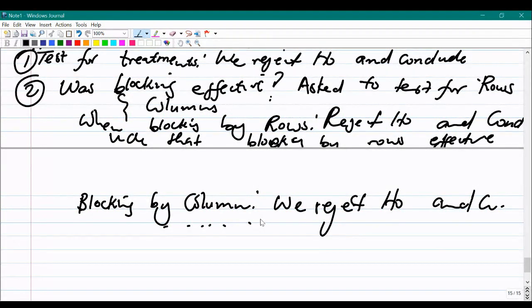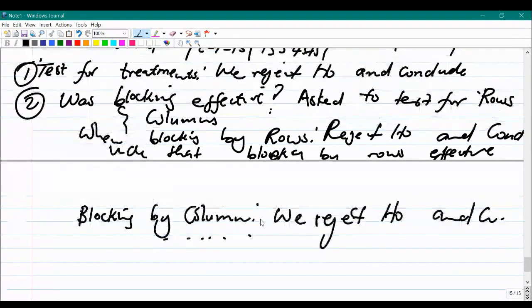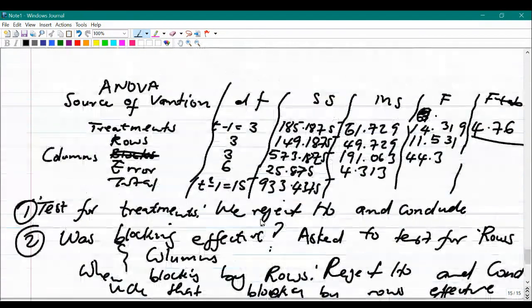It's not always the case that when you reject for the rows, you always reject for the treatment, or for the columns. It's possible that blocking by column was not effective, while blocking by row is effective. So it depends on the values.